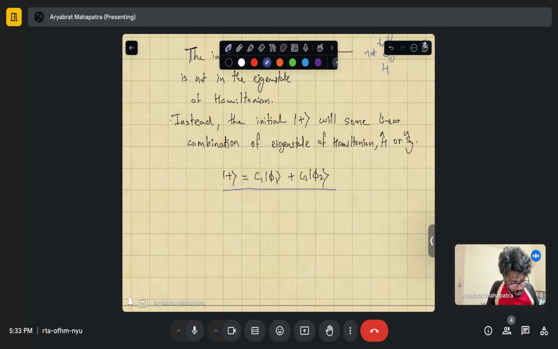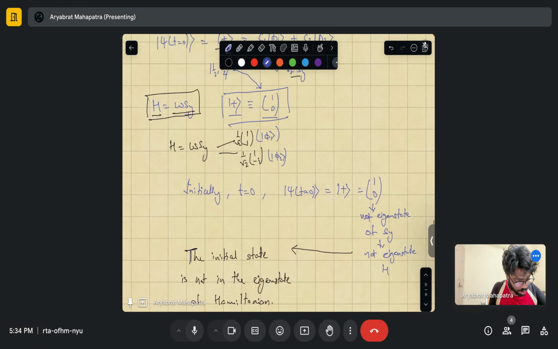So C1 is basically, as usual, phi 1 acting on plus. Phi 1 you can write as I told you right here. So this is your phi 1, and this is your phi 2.